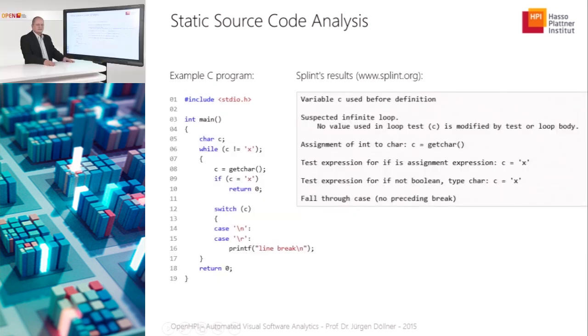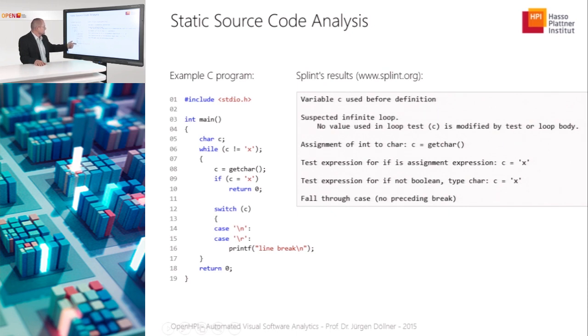On the left side, you see a simple, small C program that contains some weaknesses. Those of you who are familiar with C will easily identify these weaknesses. For example, the variable c is not initialized. The if condition does not evaluate to Boolean, and moreover it contains an assignment, etc.